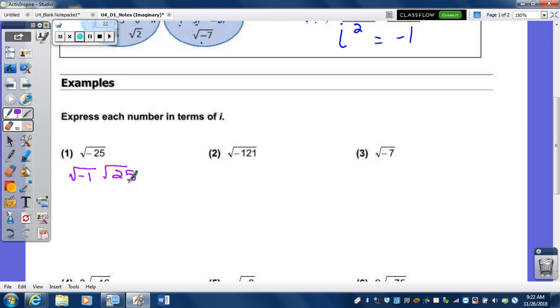So the square root of 25 turns into a 5. That doesn't change, normal. This square root of negative 1 becomes i. Every single time, square root of negative 1 becomes an i. And then we're just used to writing this number first. So this would just become 5i.